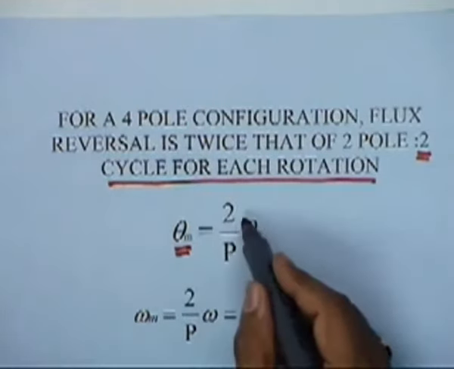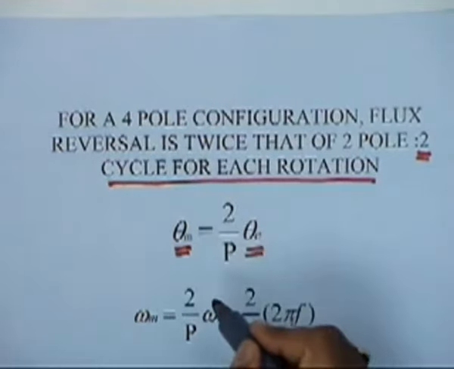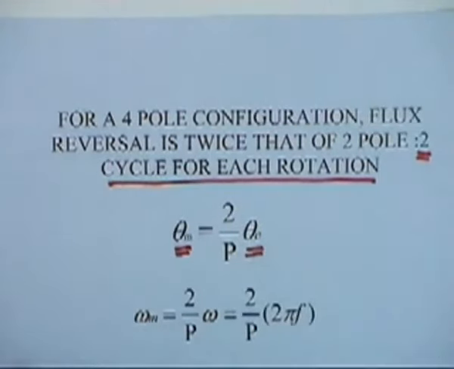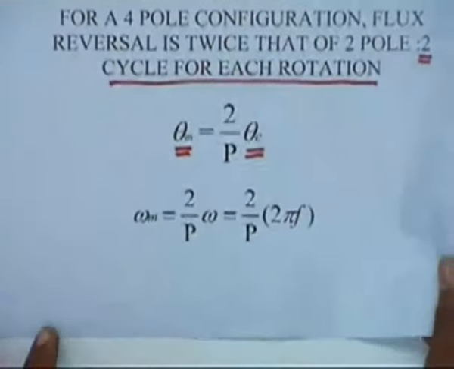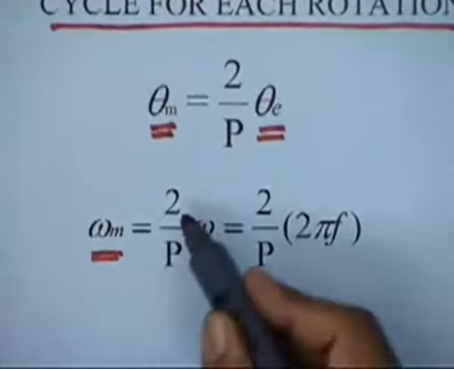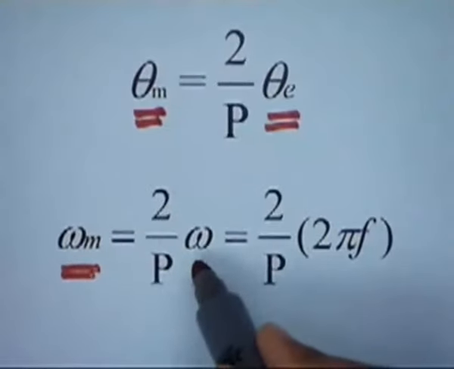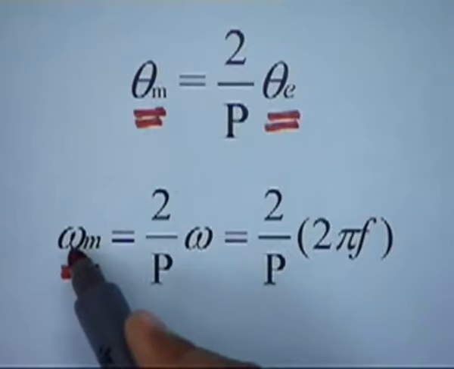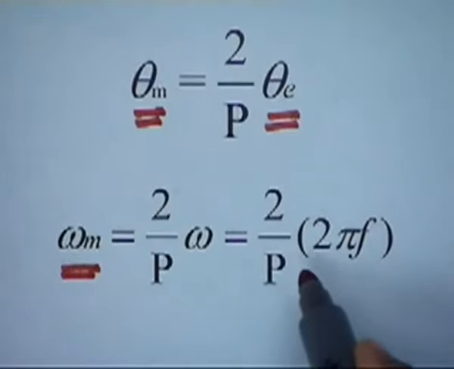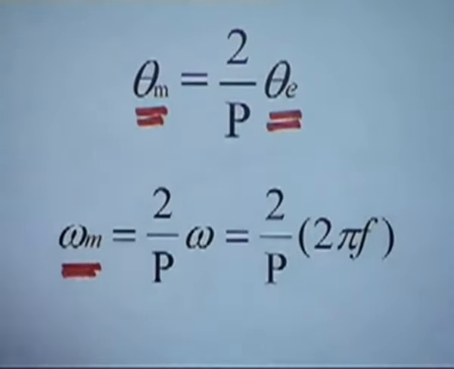Theta mechanical will be 2 by p times theta electrical, where p is the number of poles. Or in other words, the mechanical radians per second, omega m, will be 2 by p times omega, the electrical radians per second. That is the mechanical speed and this is the electrical speed. Omega is 2 pi f, so omega m is 4 by p into pi f.